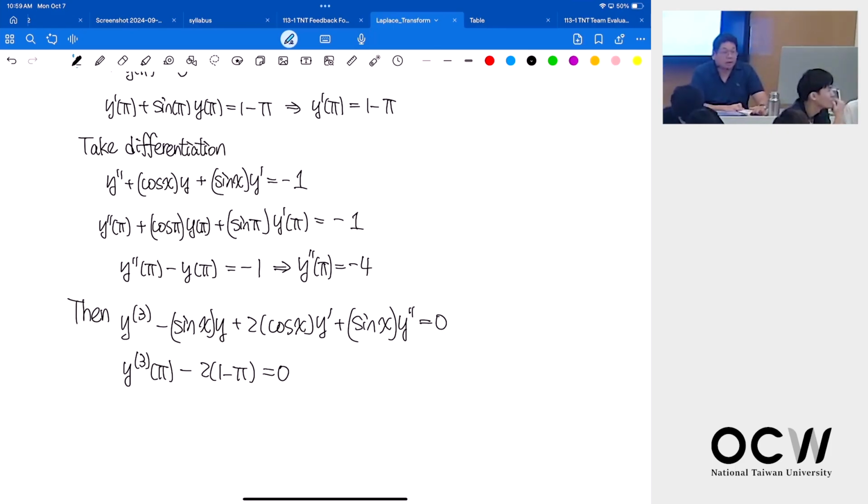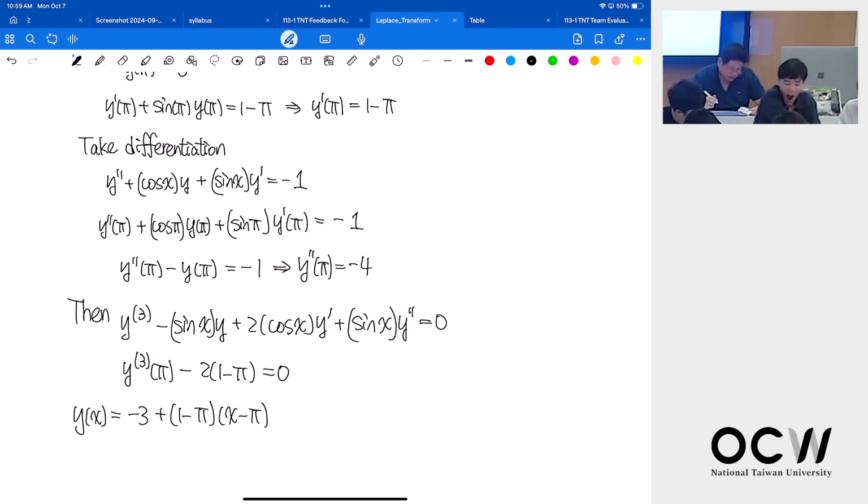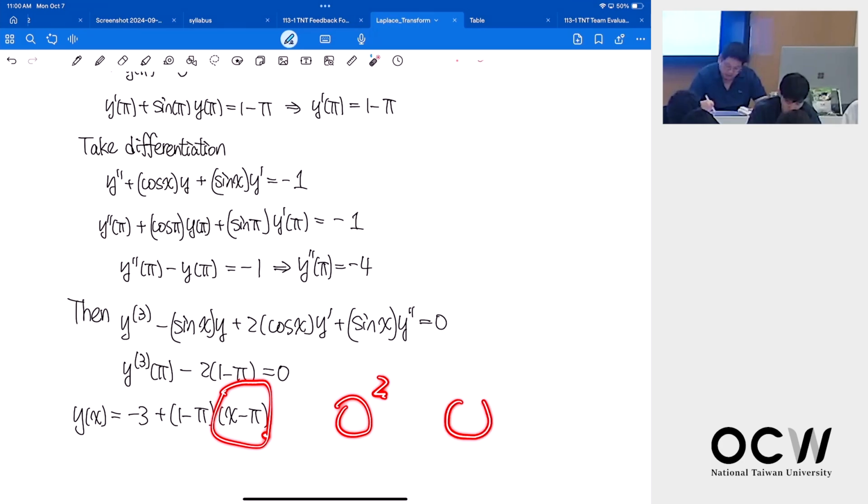Alright. Then y of x, you have the solution -3 plus 1 minus pi times x minus pi, because we are taking the Taylor series about pi. So every time you will see the term x minus pi squared, and x minus pi cubed and fourth and so on.